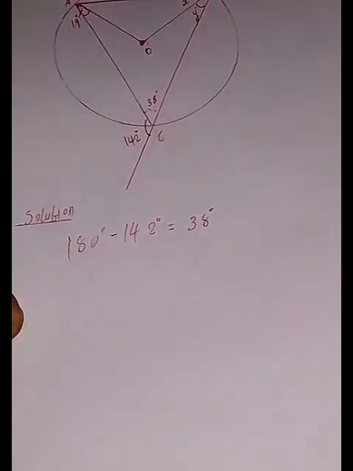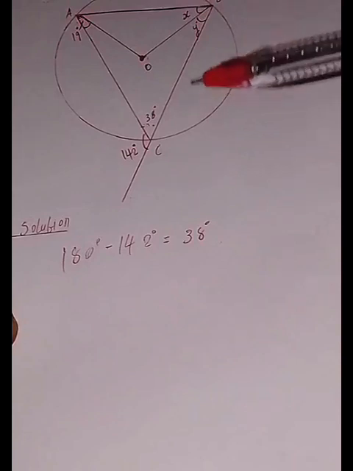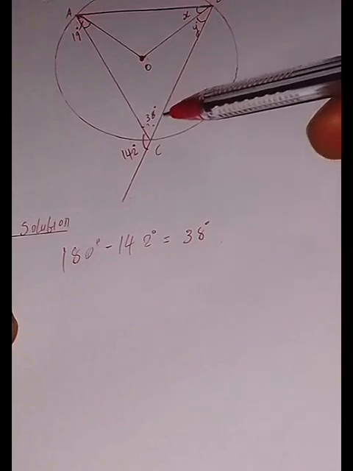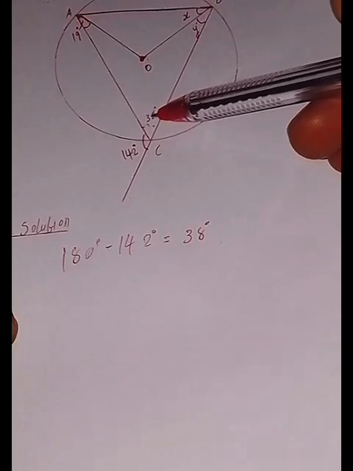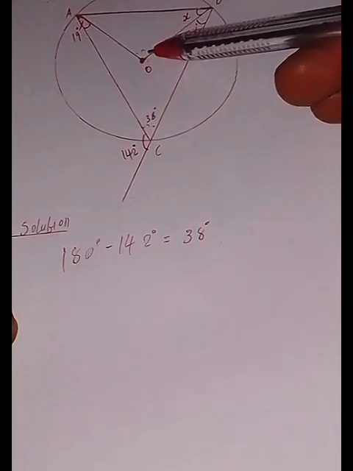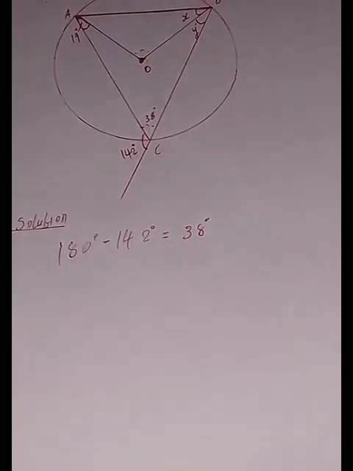Now using the angle at the center is twice the angle at the circumference, we can say that 2 times 38 degrees will give us the answer here, since angle at the center is twice that of the circumference.